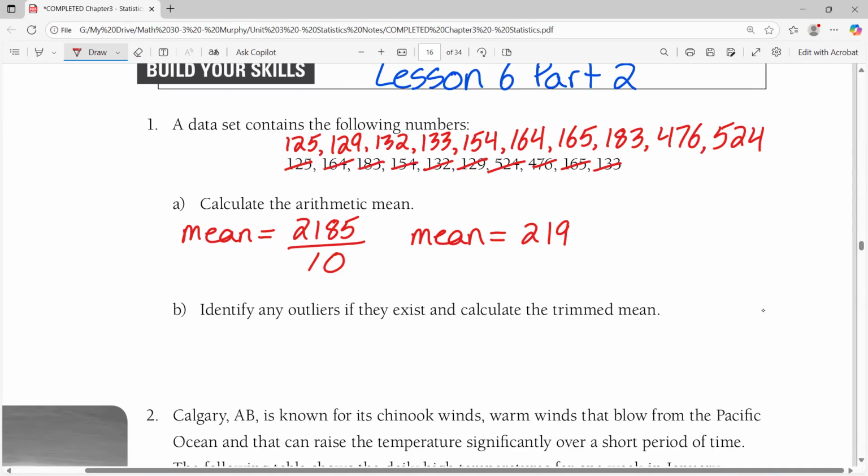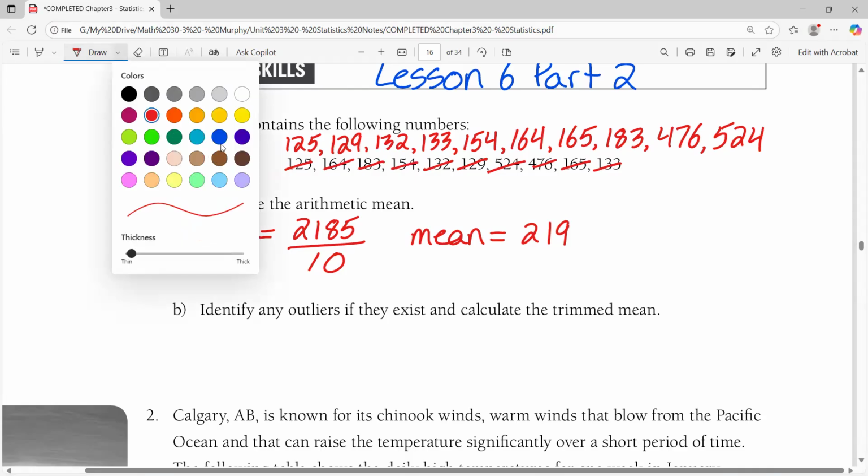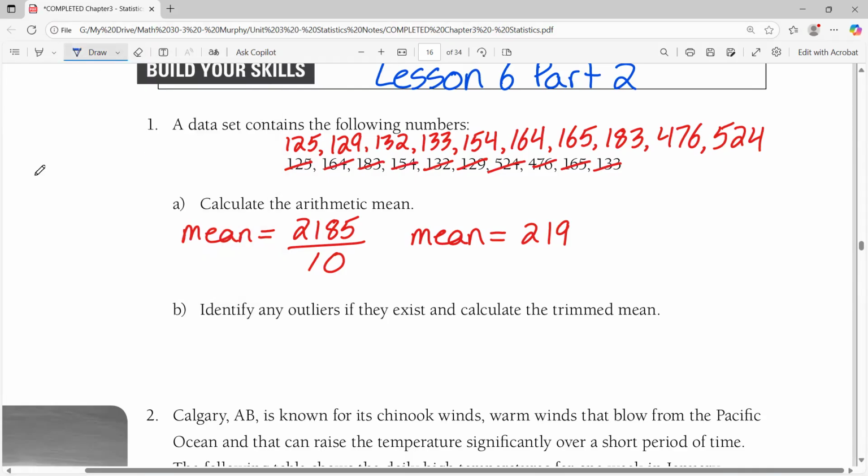Okay, identify if there are any outliers, and calculate the trim mean. So I see two outliers, 524 and 476. I am going to get rid of both. They just look way higher than these other ones. And then that means I cut the two at the bottom here, and we're left with 132, 133, and so on.